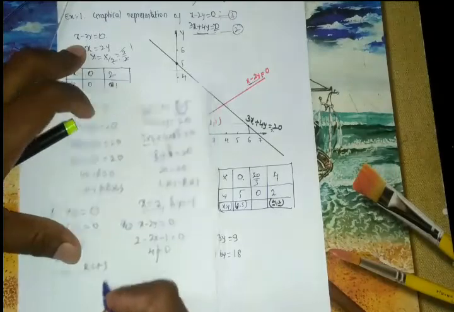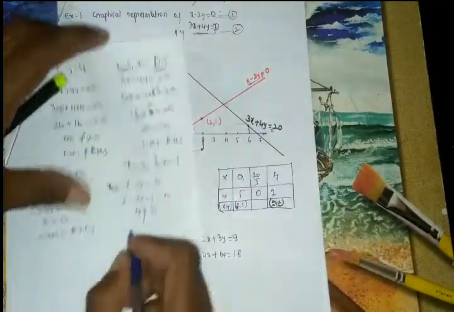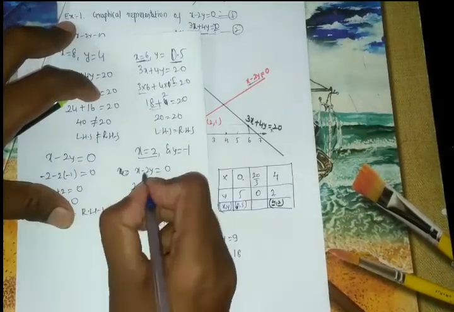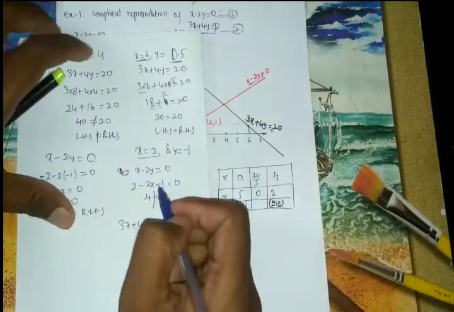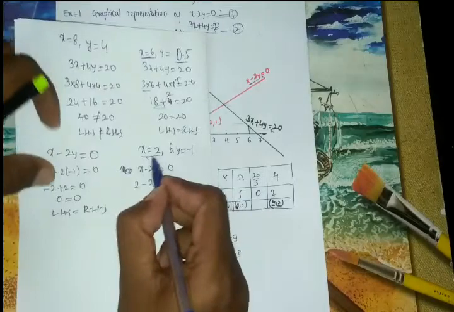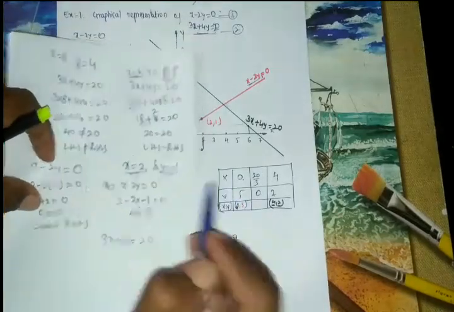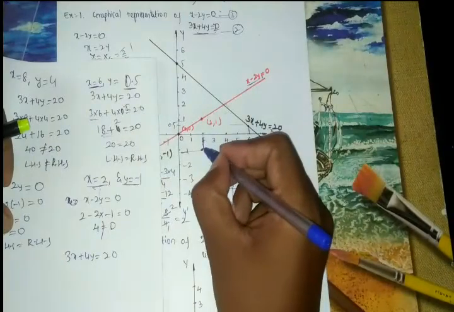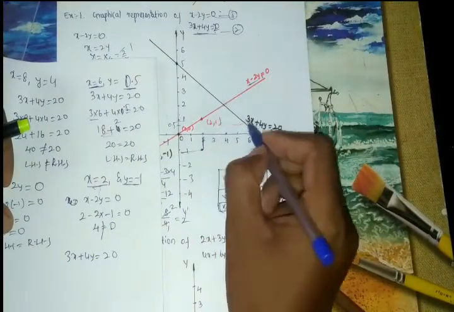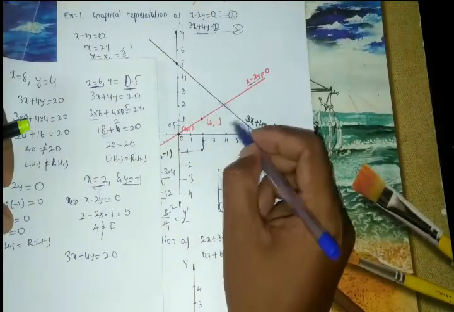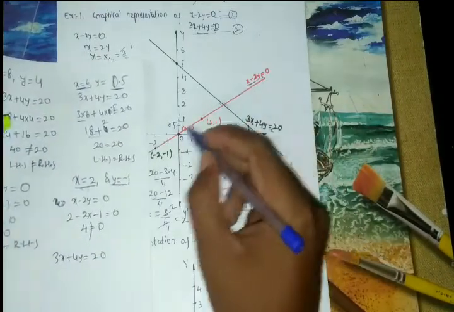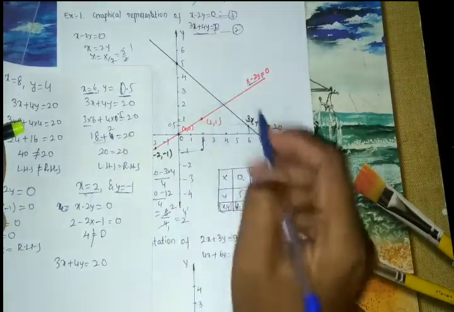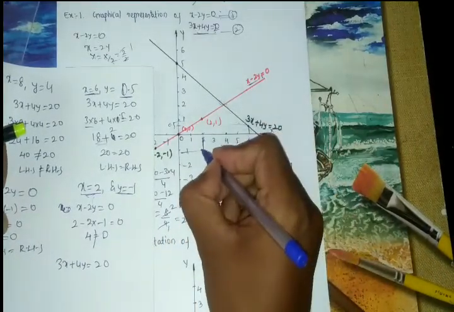And similarly for the second equation, 3x plus 4y equals 20. We are putting the value of x as 2 and y as -1. What I am trying to do here is select a point other than the points on the two lines. I have not taken a point on this line or on this line, I have taken somewhere here.